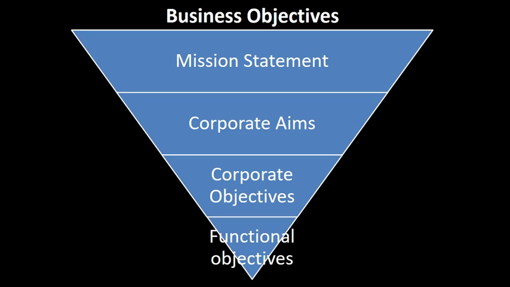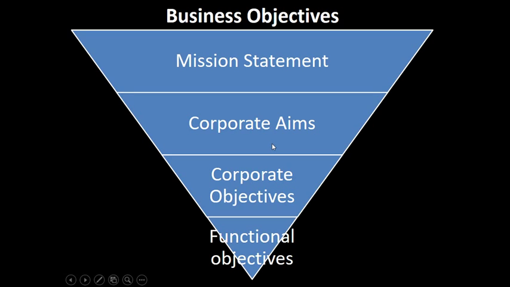These are quite vague aims. It's not really clear what the business specifically is trying to achieve. It's a guiding star that's leading us within the business, but it's not overly clear exactly what the business is doing. So we need to make that a bit clearer.